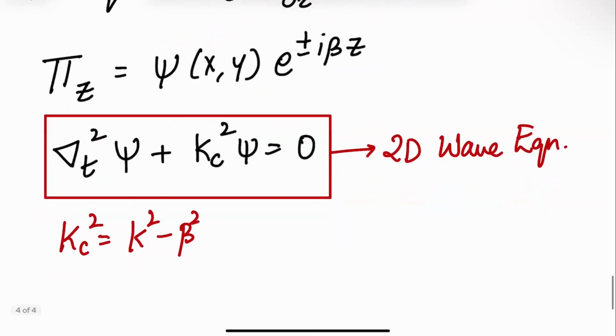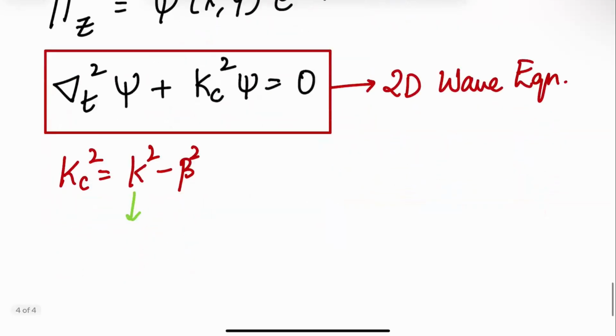So it's good to interpret these terms. k square is the wave number of any wave that's propagating in this given medium, assuming it's homogeneous.